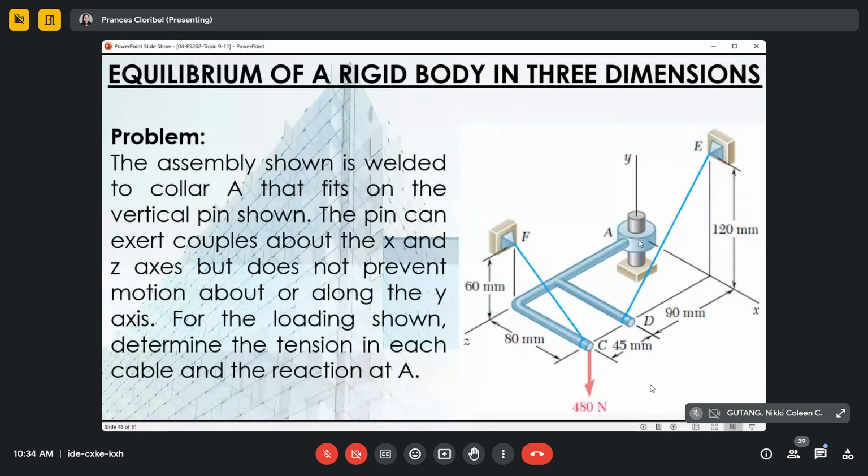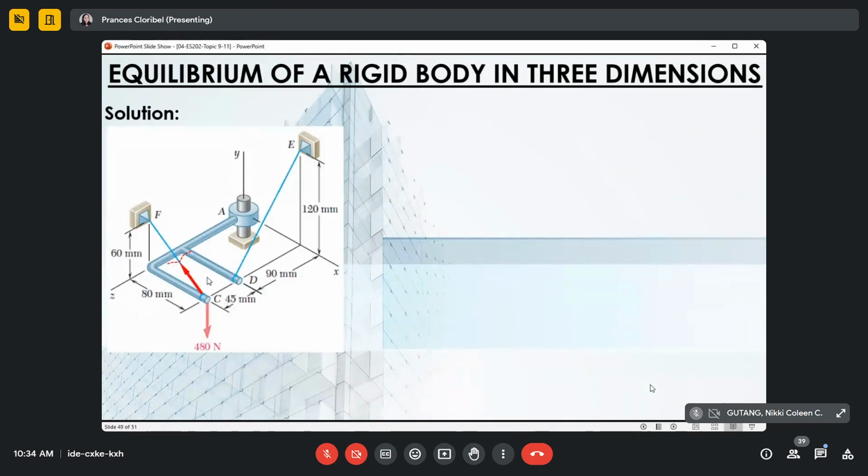The reaction forces Ax and Az, and your moments Mx and Mz, the restricted rotation about the x and z axes. So how many unknowns? 1, 2, 3, 4, 5, 6 in total. We are overtime, so we will continue with this problem next meeting.